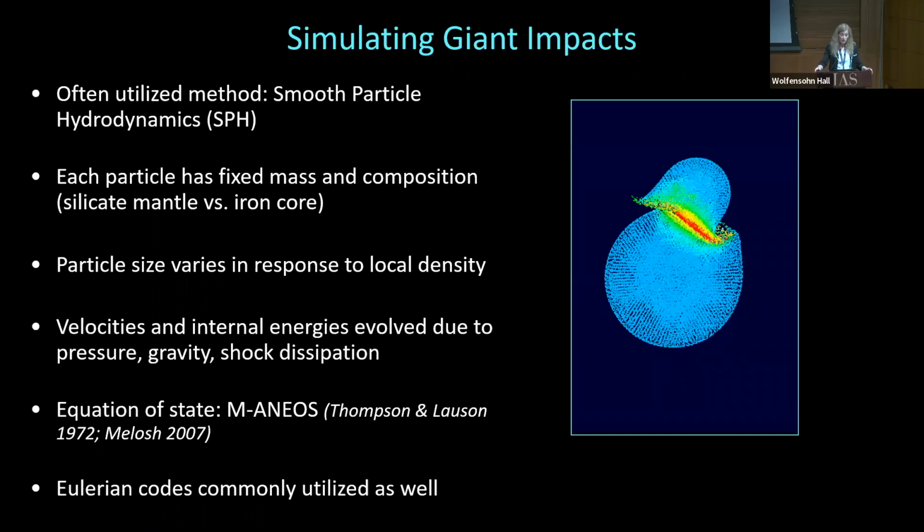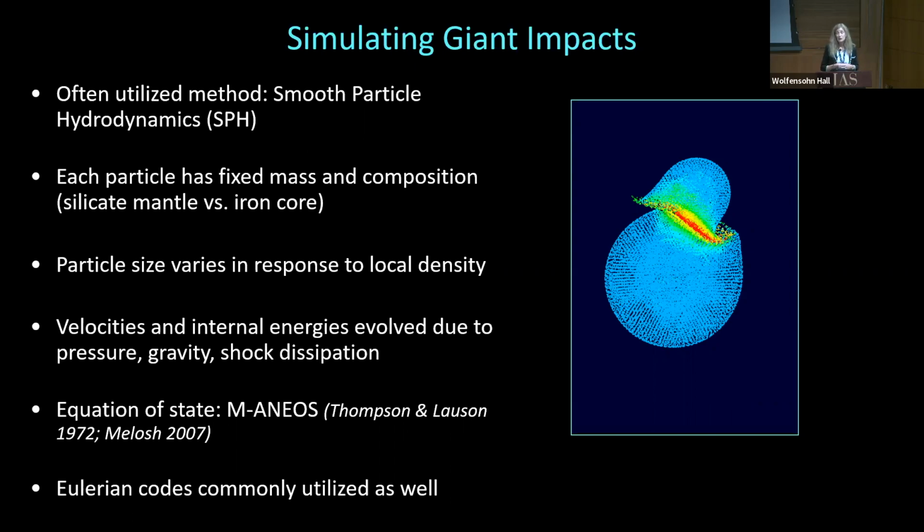I'm going to show a couple of simulations of a canonical impact that utilize the Lagrangian hydrodynamic method, smooth particle hydrodynamics, SPH. So we're describing the colliding objects, Theia and proto-Earth. The impactor that led to the formation of the Moon is often given the name of Theia, and I'll refer to it as such. So you describe Theia and the proto-Earth by a multitude of particles.